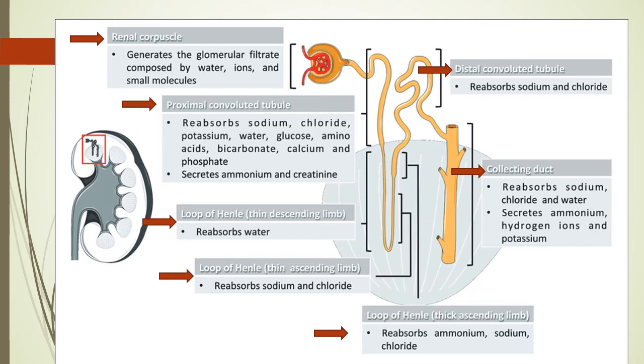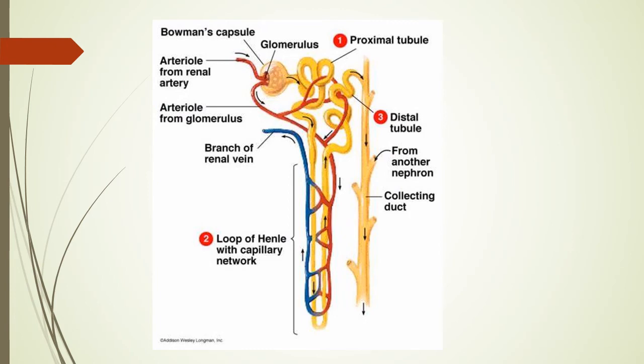If you compare with your book, you will get only this kind of a structure. So, my dear students, these extra things, at least 1 or 2 points you should remember regarding each part's function. Names of each and every ion are not needed for all.